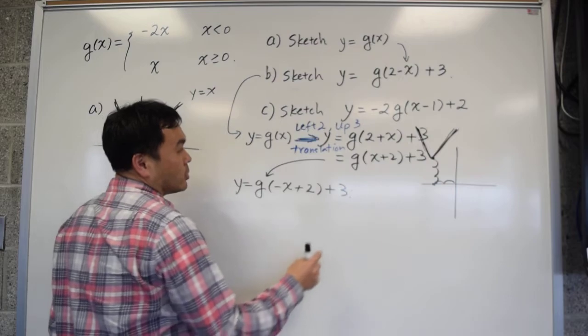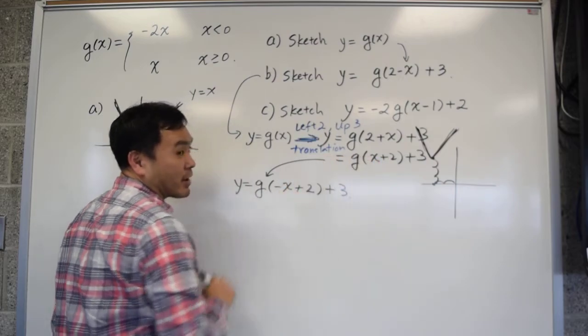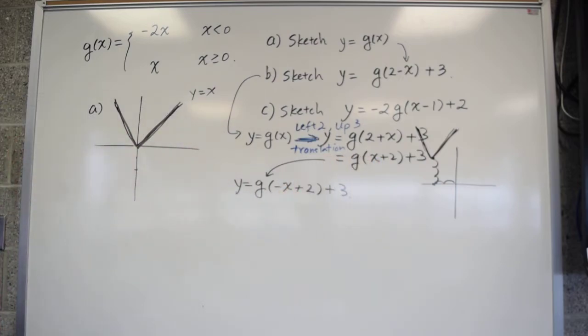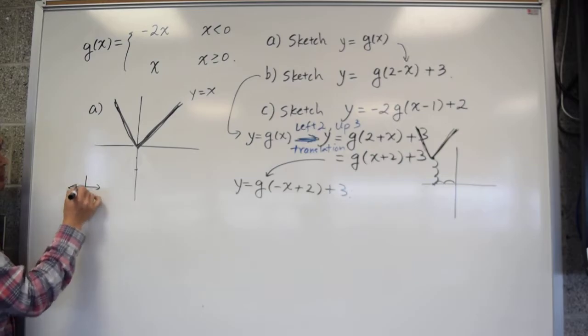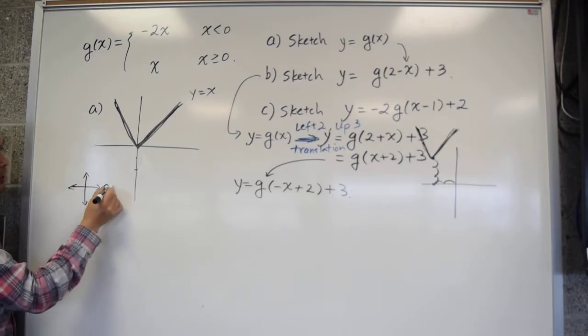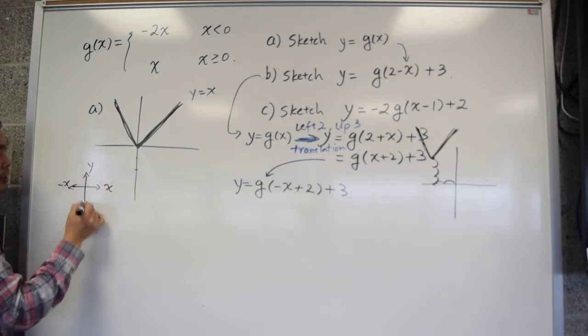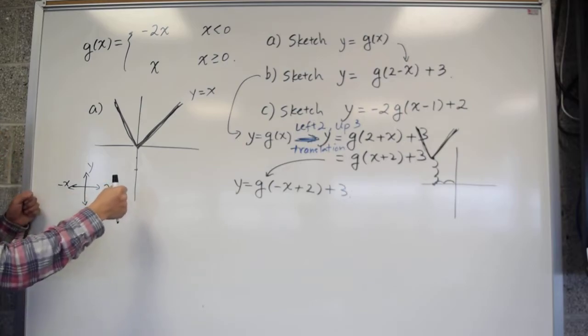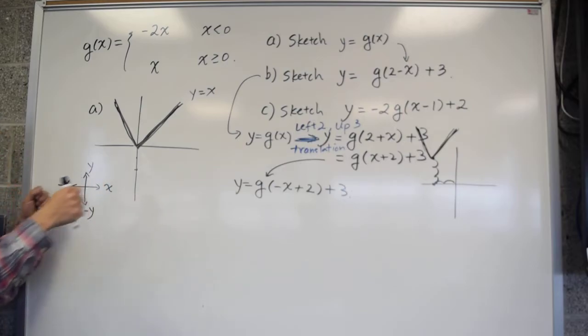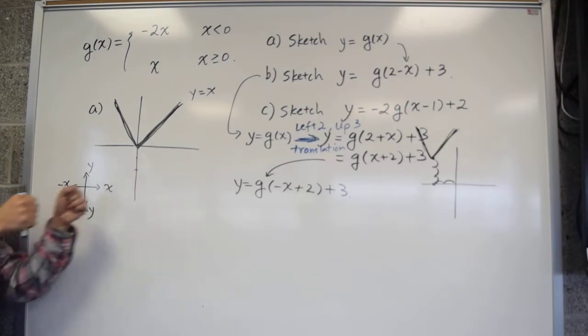Then you went from x to negative x. What kind of transformation is that? Flip over what? I told you to use this: x, negative x, y, negative y, right? So if you replace x by negative x, x went to negative x, so you did this.